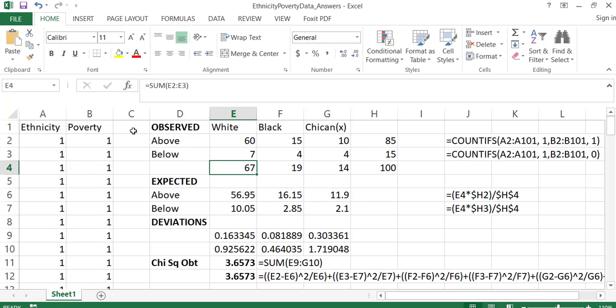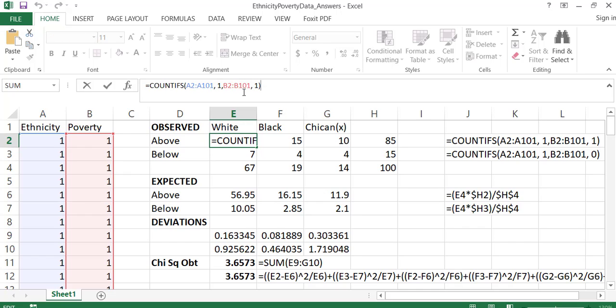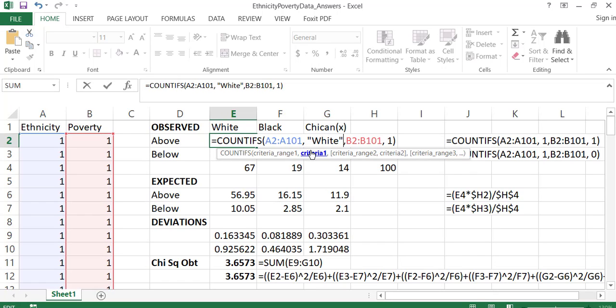If the numbers throw you off, you could always change this. In fact, if this said white over here, you could then use that as your criteria. You would just need to put it in quotes. So if instead of using 1, we used white, you would just need to write that out, and then it would look for how many times that occurs.